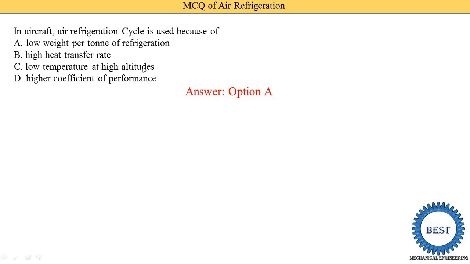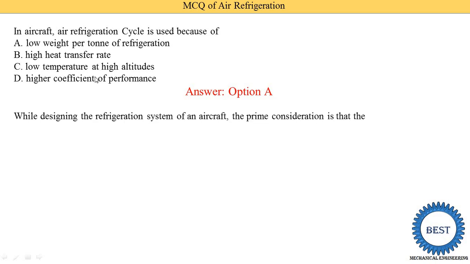So the gas power plant already has air compressors. Suppose we install a VCRS system in an aircraft, then we require separate compressors, and even an evaporator is required. But in the aircraft system, an evaporator is not required. So the weight of the system is reduced. That's why the air refrigeration cycle is used instead of the VCRS system in aircraft refrigeration.